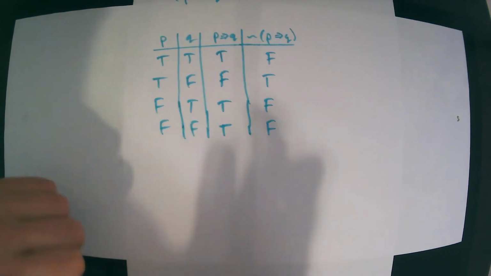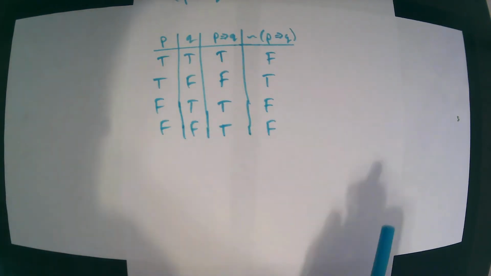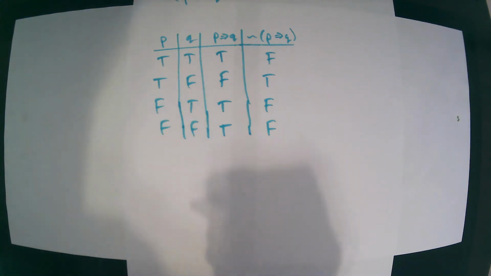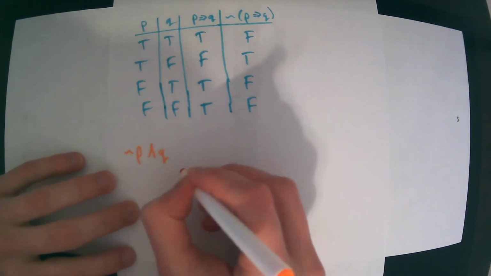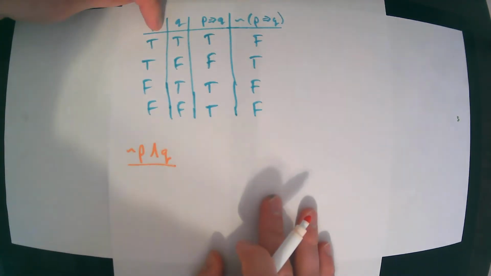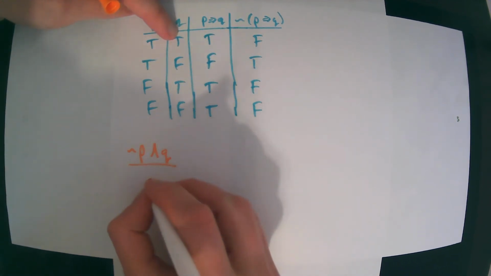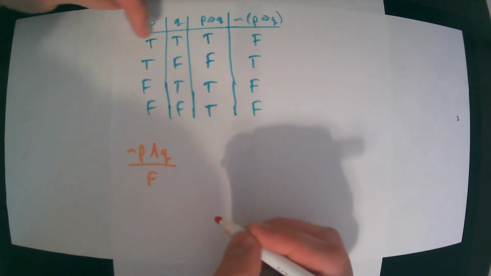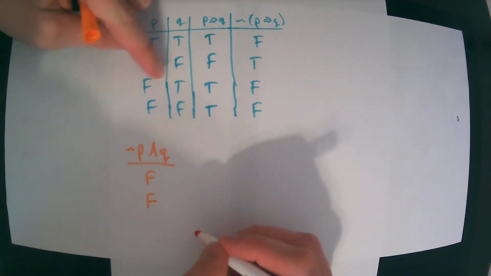So a second ago I looked at not P and Q. So let's just consider that for a second. Not P and Q. And that gave us, just looking here, false, true, which would be false, and then false, false, which would be false, and then true, true.